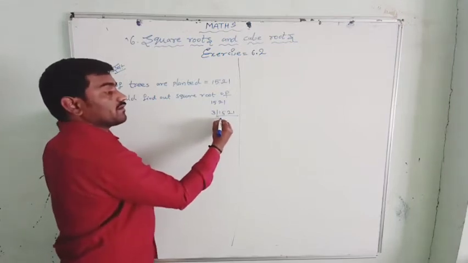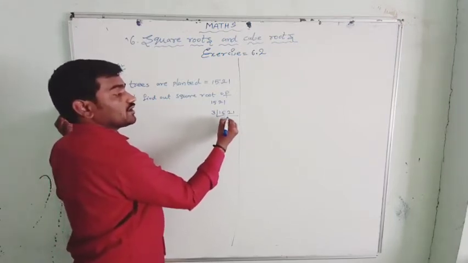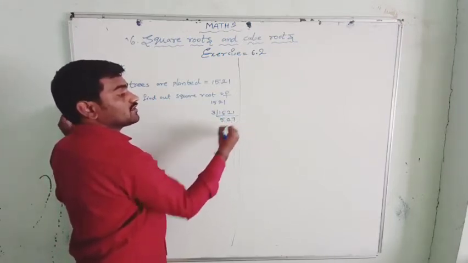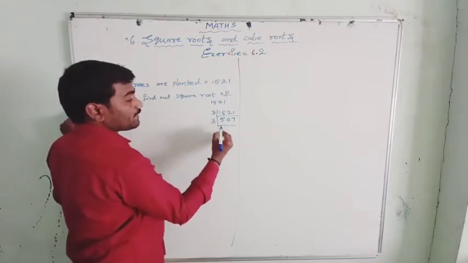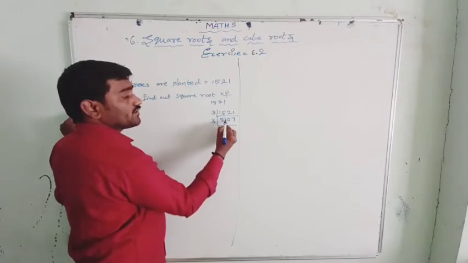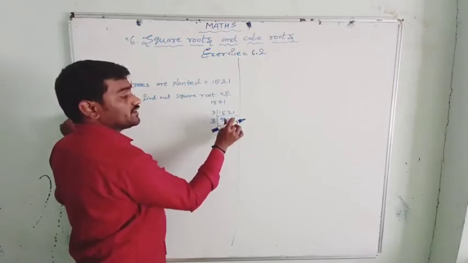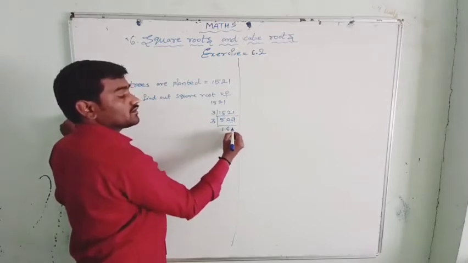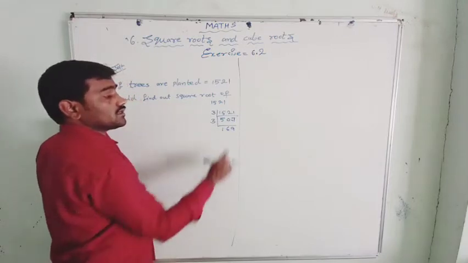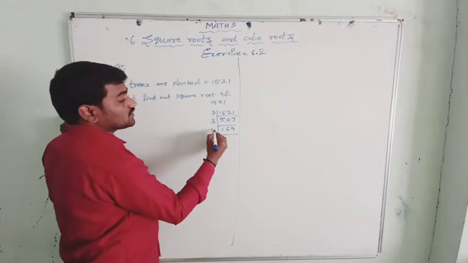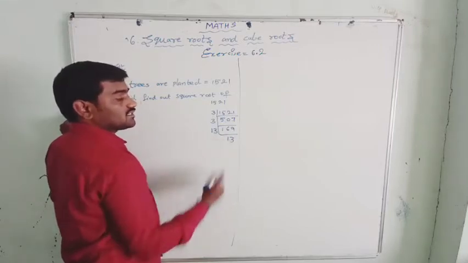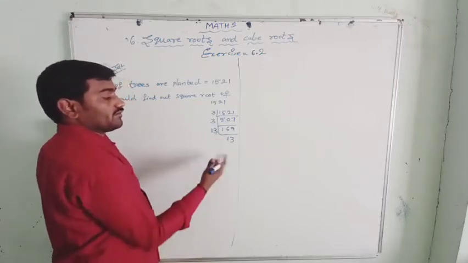3 fives are 15 and 0, 3 sevens are 21, and here 3 ones are 3, 2 left, 3 sixes are 18, and 2 left, 3 nines are 27. Again, here you see 13 into 13 is 169. Directly you can multiply and you get it.